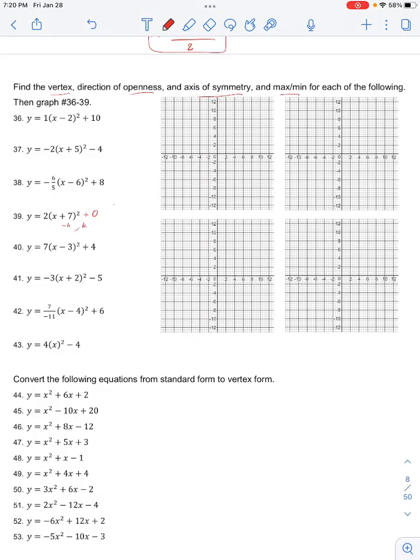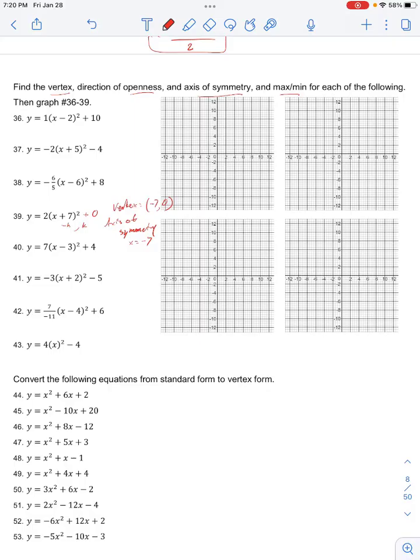So that would be the vertex at negative 7 and 0. Since the vertex also lies on the axis of symmetry, our axis of symmetry must have the same x value. So we know that that is x equals negative 7.